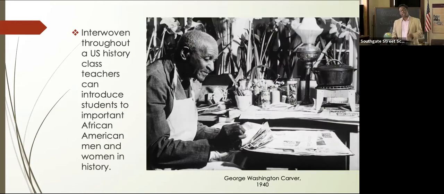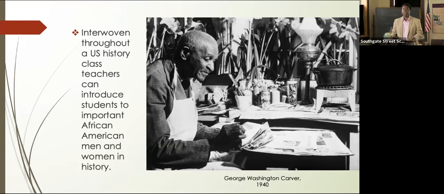To the right, I included a photo of George Washington Carver. This is from 1940. Now, we know George Washington Carver as the Peanut Man, and that is what he was famous for. But what most people don't realize, he was one of the early persons to talk about sustainability and the importance of the environment and letting the soil give back. He worked with poor Black farmers in Alabama and helped them.